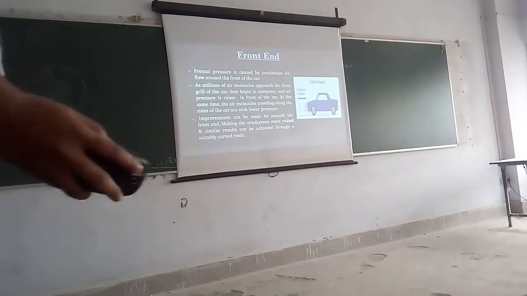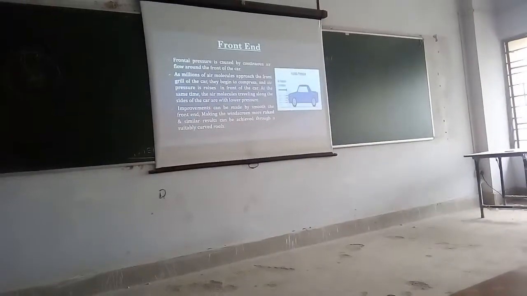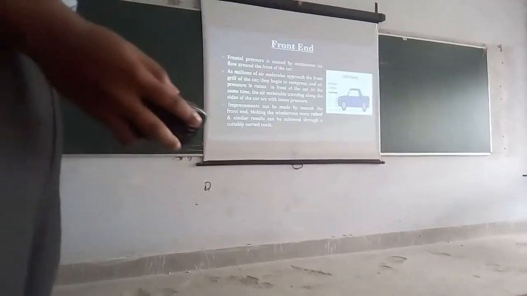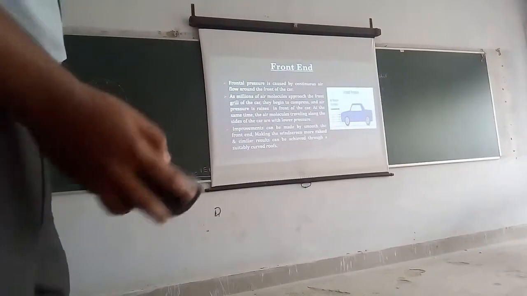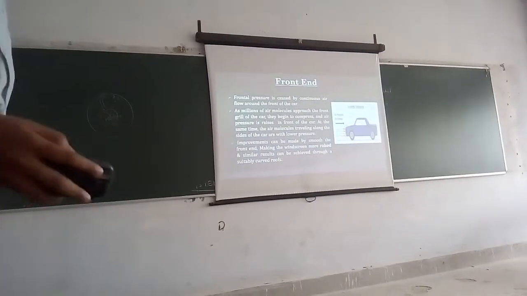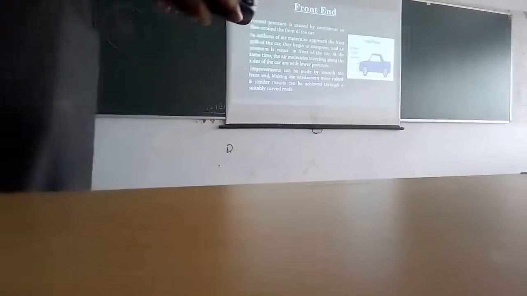So improvement can be made by a smooth front end of the car, and by making the windscreen more raked. A similar result can be achieved through a smooth, suitably curved roof.